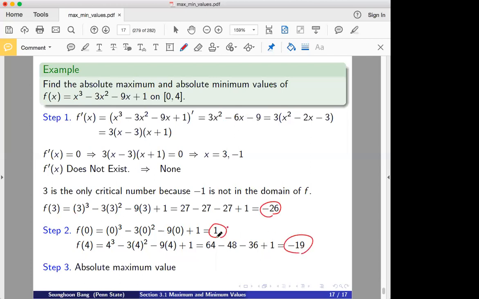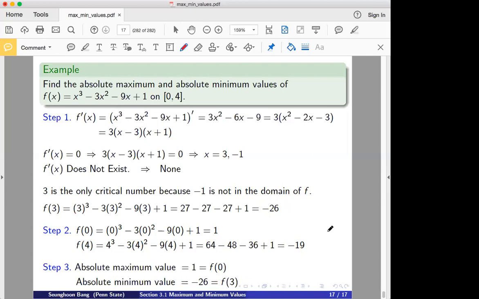The greatest value is 1, exactly f(0). What is the absolute minimum? Same: of the three function values, the smallest value is negative 26. This is f(3).